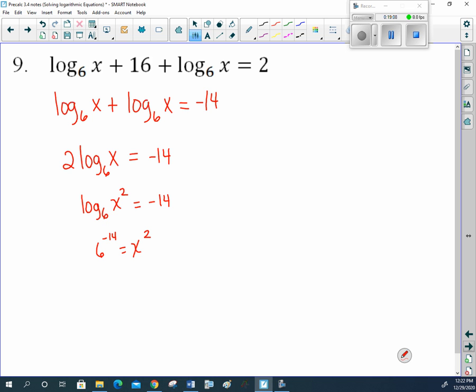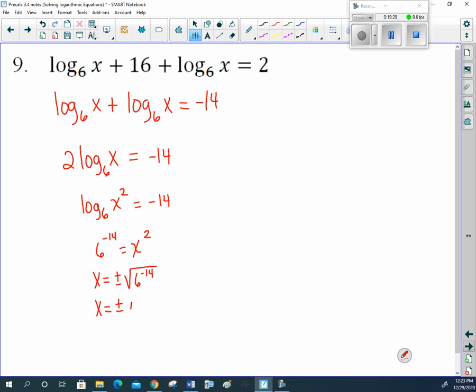That's a really small number. So x is going to turn out to be plus or minus the square root of 6 raised to the negative 14 power. So that's going to be, now remember, the 1/2 power, the square root symbol is the same as the 1/2 power.